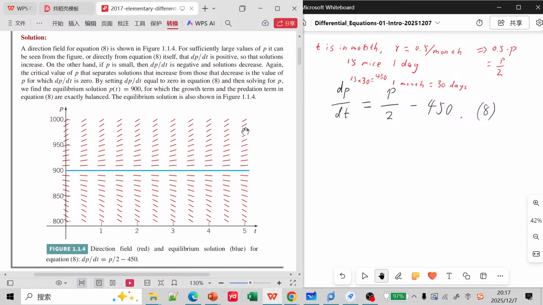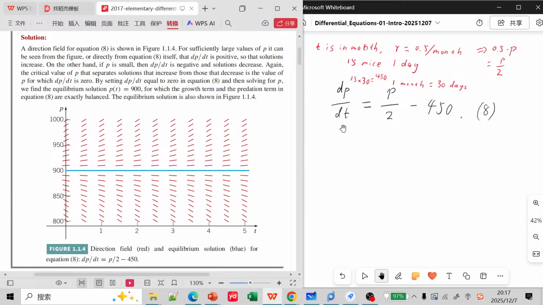For sufficiently large values of P, it can be seen from the figure. The vertical axis is the P axis. The horizontal axis is the T axis. For sufficiently large values of P, it can be seen from the figure or directly from equation 8 itself that dP over dt is positive.